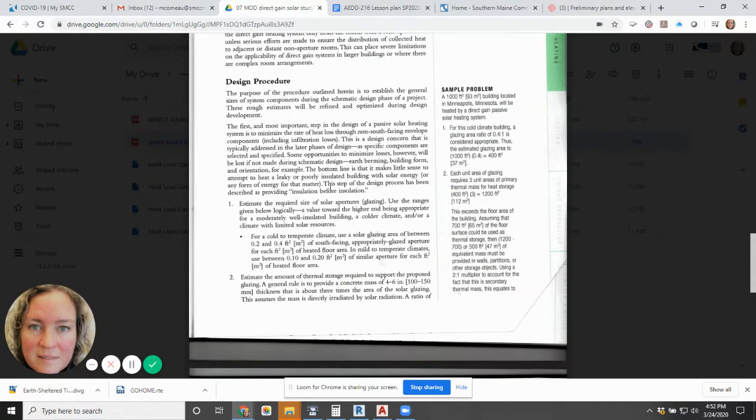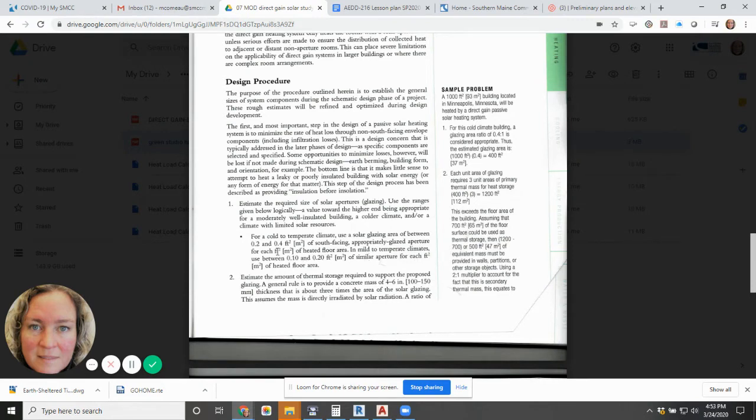Let's see here. So design procedures. Let's go ahead and go on to this. So the first step is to estimate the required size of the solar apertures, which is basically your glazing. What size do your windows need to be? And we're going to be using these ranges that are given to us in the book, which is a range of 0.2 to 0.4 square feet of south-facing window area for every 1 square foot of heated floor area that is in the right place to be able to accept direct solar gain.